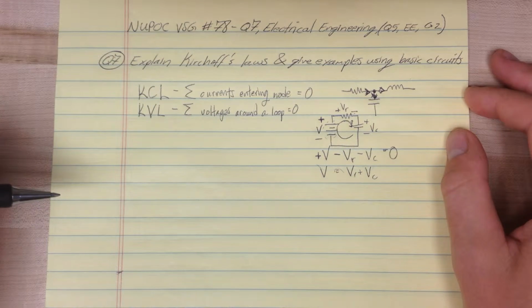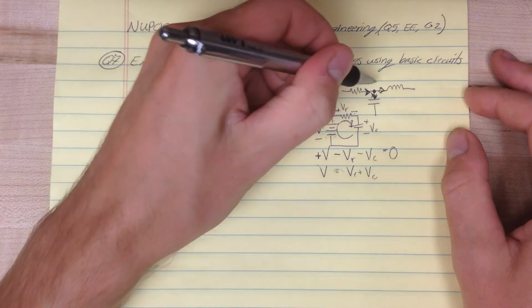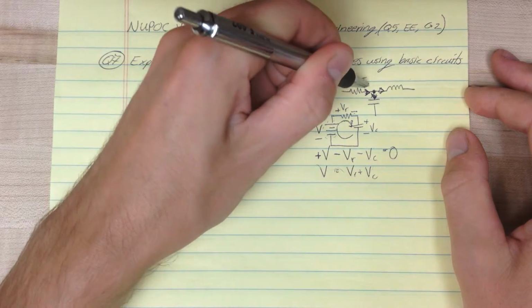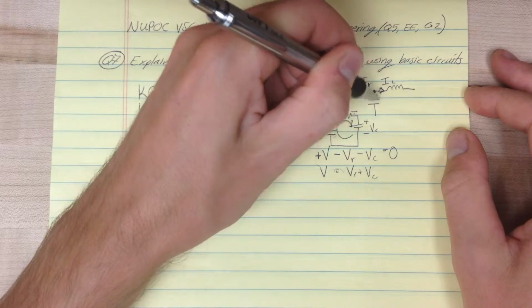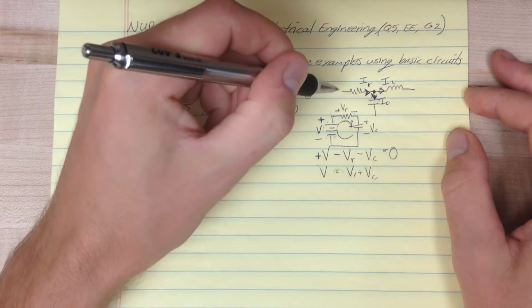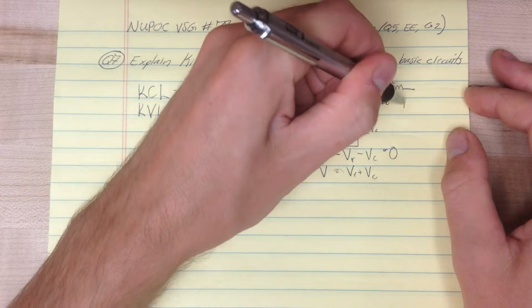So I could just move minus VR and minus VC to the other side and write it like this. And going back to the KCL case, if I want to label all this, maybe this is IR, this is IL, and this is IC.